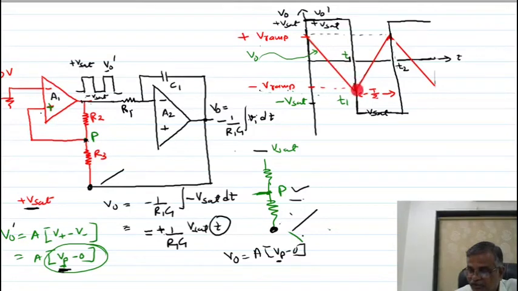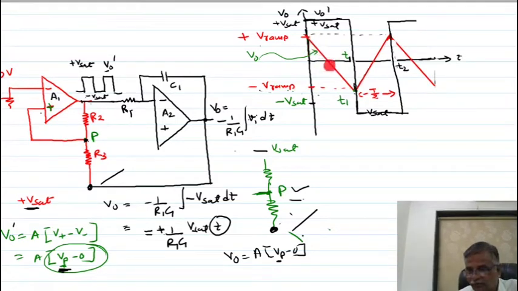And this process repeats periodically. As a result, due to the negative ramp and positive ramp, you will get the triangle wave at the output. The frequency of this is the same as the frequency of the square wave, but the amplitude is different.